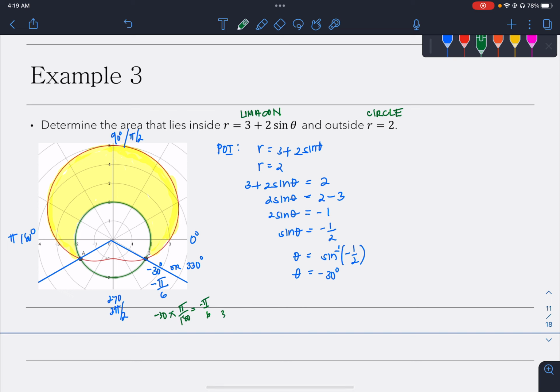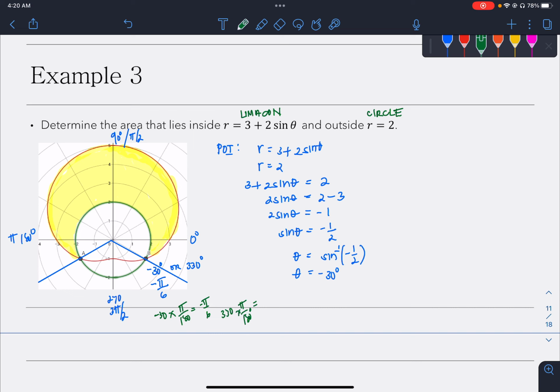Similarly, 330 times pi over 180 makes it 330 over 180, which is 11 over 6.